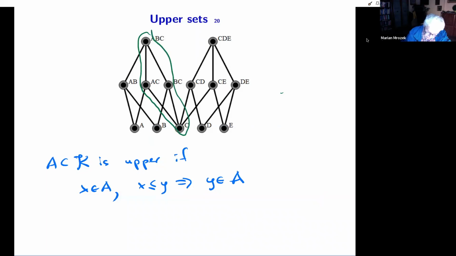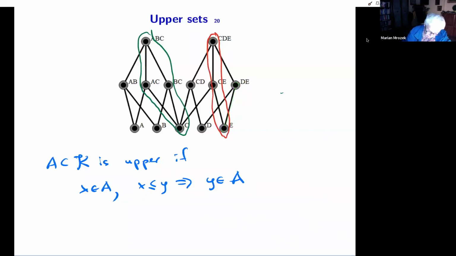And when you take this, then this is not an upper set, because here this element is above an element in the red set, but itself is not in the red set. So the red one is not an upper set, the green one is an upper set.